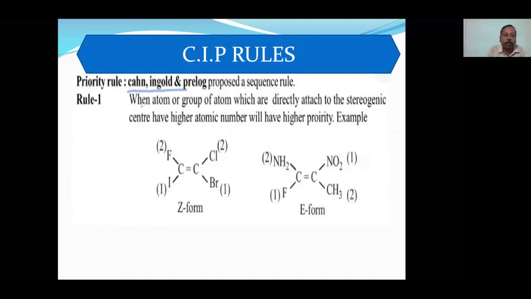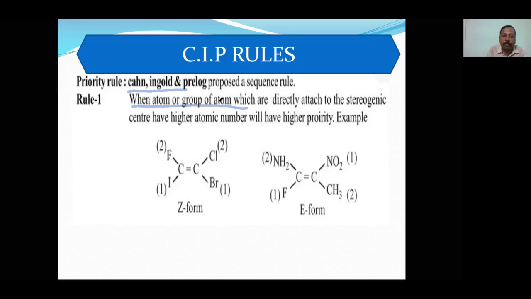Okay. So rule 1. First of all, EZ isomerism is used when all four groups attached on the double bond carbons are different. Like here, fluorine, iodine, chlorine and bromine, all of them are different.